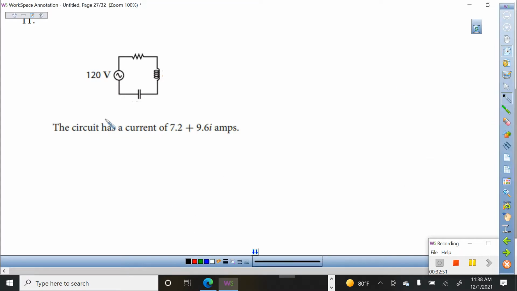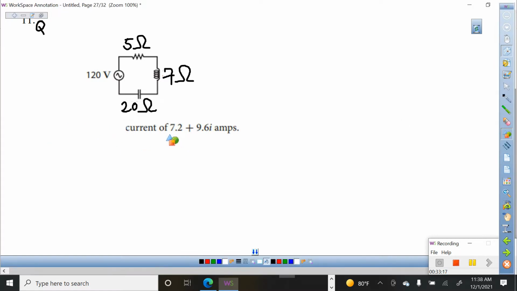This is example 11Q, and we're going to label this 5 ohm. This one, give me a number. 7 ohm. And one more. 20 ohm. There you go. And underneath that, just write current of 7.2 plus 9.6i amps.